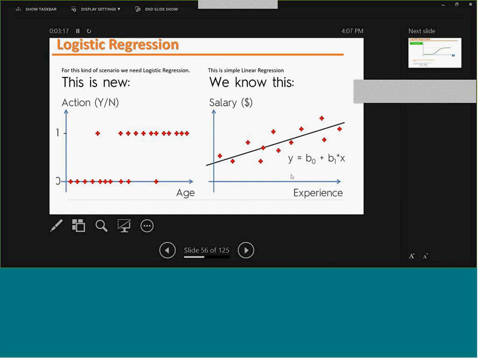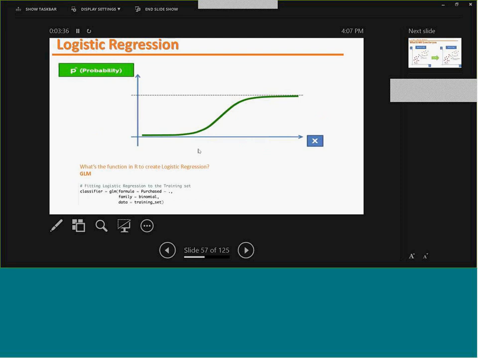So the right hand side graph, if your data is aligned like this, then we know that it's a simple linear regression model. But what if you have data in this particular fashion, what should we do then? If that's the case, then logistic regression comes into the picture.